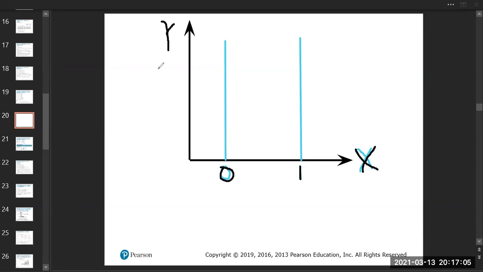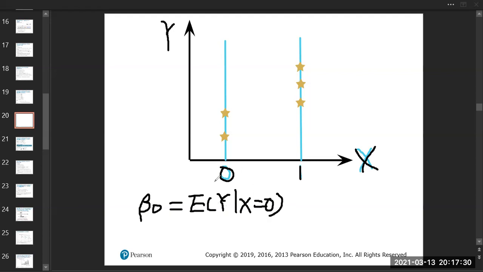Let's say we have 3 stars here and 2 stars here. So what does beta 0 equal to? Beta 0 equals to the expectation of y conditional on x equals to 0. It means that it's the expectation of y when x equals to 0, so it is here.